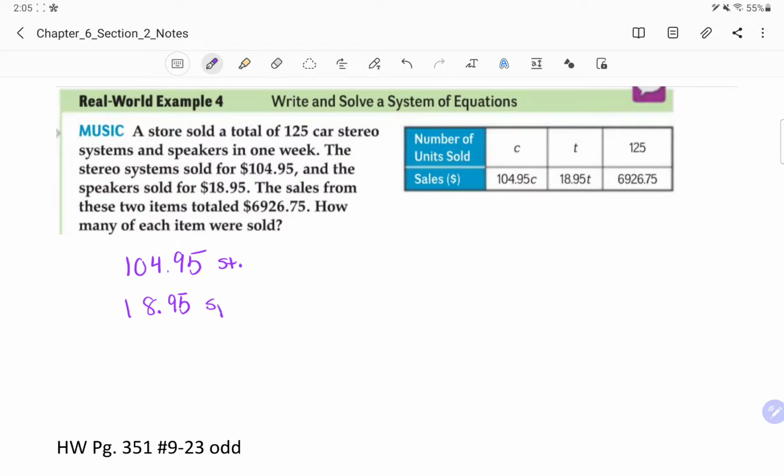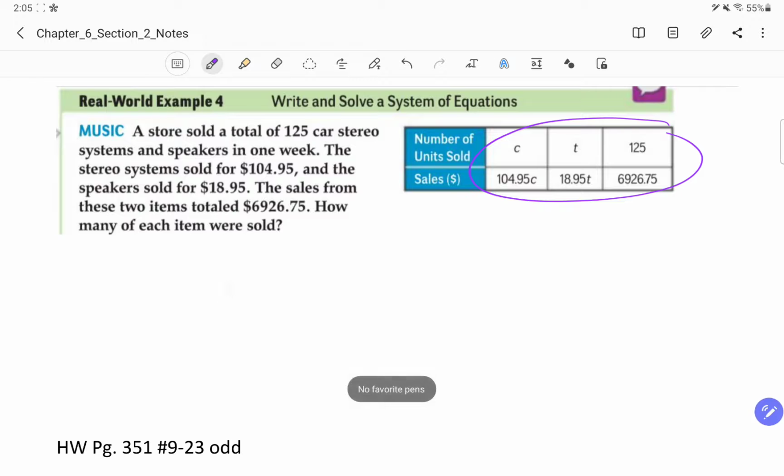This is for the speakers. The sales from these two items came to a total of $6,926.75. How many of each item were sold? Okay, so they gave us our table over here. We're going to use this table to start solving. Everything I just wrote there is actually over here in the table.